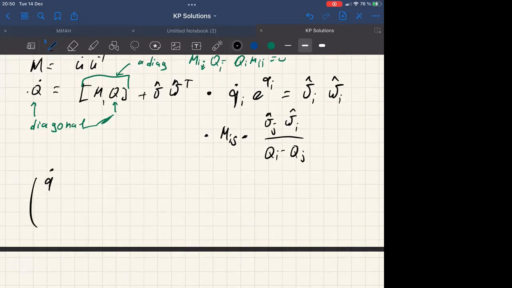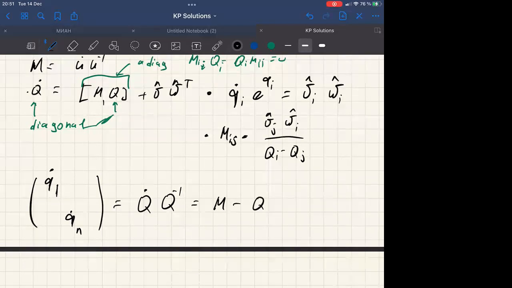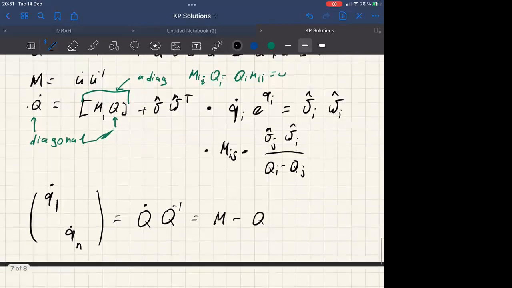Let us just write it. For example, Q_i Q_n dot equals m inverse, minus.